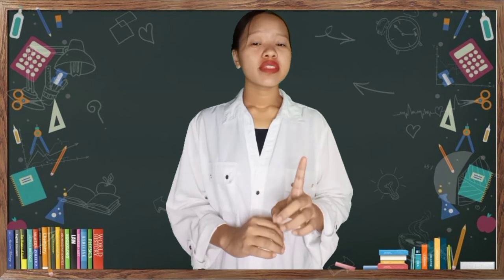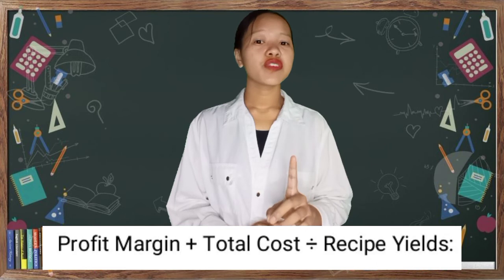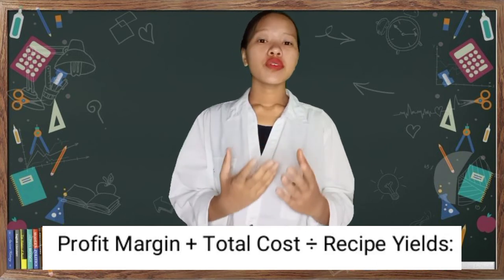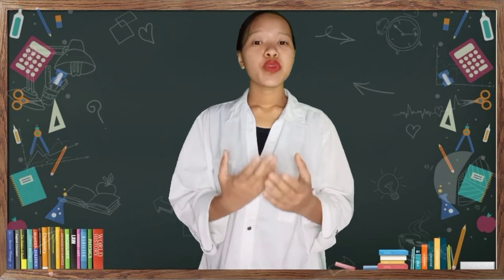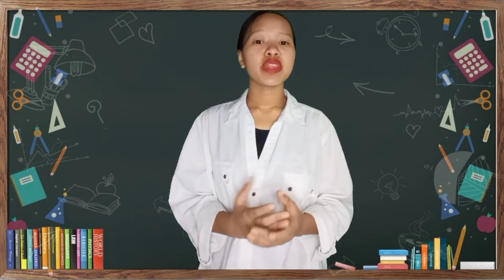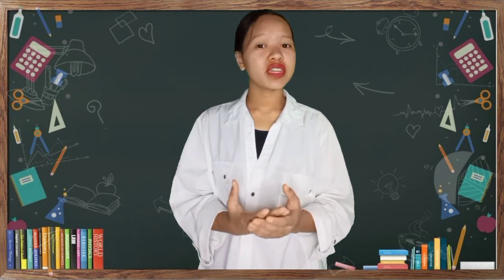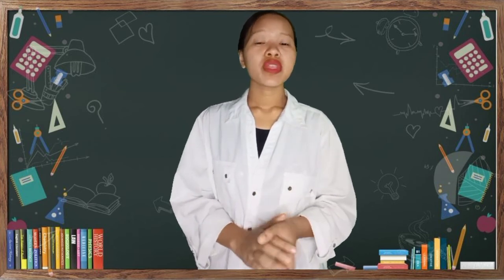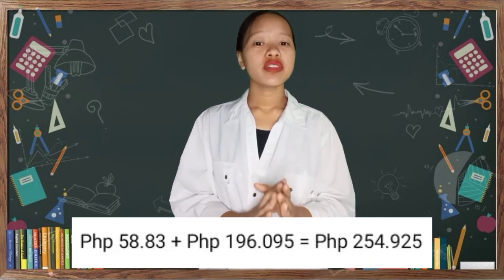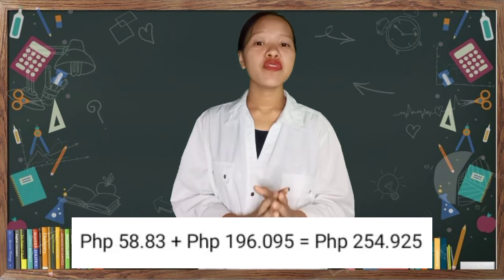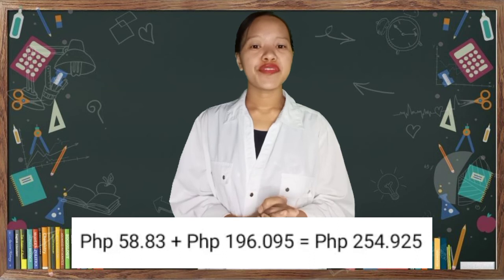And now let us get the selling price of our recipe. In order to get the selling price, profit margin plus total cost divided by recipe yield. So let's add first the profit margin and the total cost. The profit margin is 58.83 plus the total cost, which is 196.095, is equal to 254.925.